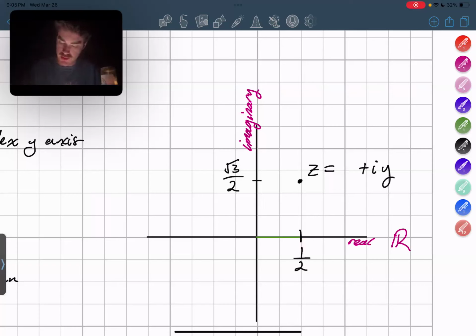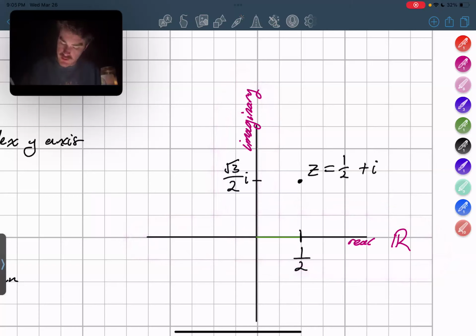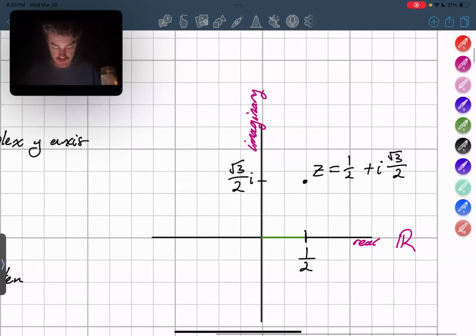So we get for our z, 1/2 plus i times √3/2. Remember, this is the imaginary line up here, and here's our real line. All right, sounds pretty good.